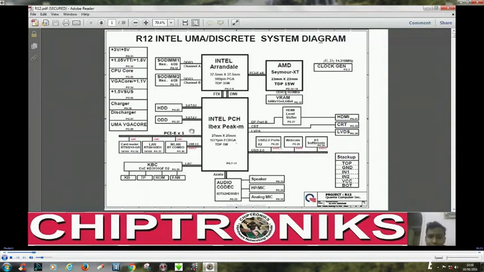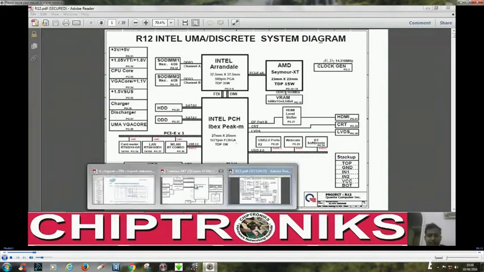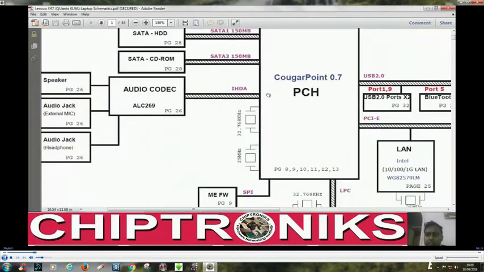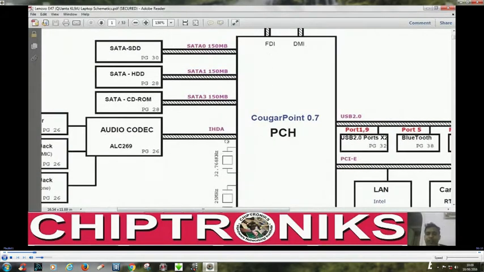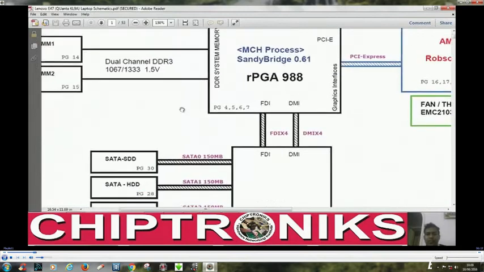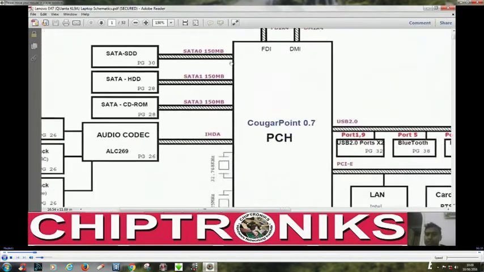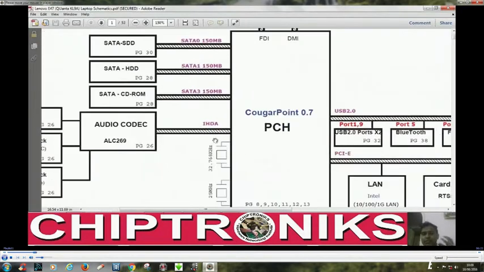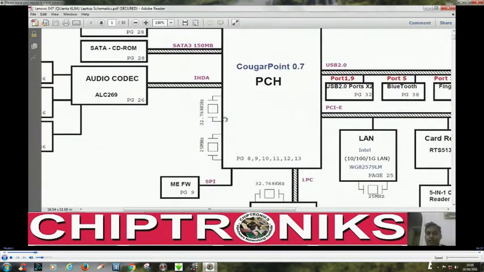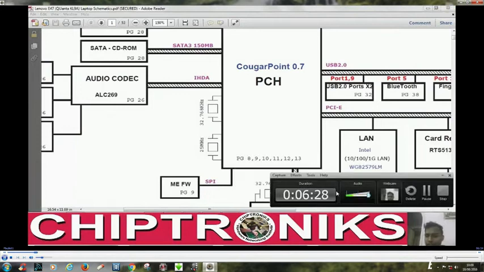There is only one crystal, that is 32.768 kilohertz, for the RTC section of this PCH, whereas in our Lenovo E47, which is an Intel Series 6 chipset board, we don't find any clock generator. Instead, the clock generator work is totally done by the PCH, and the clocks are provided via this 25 megahertz crystal.